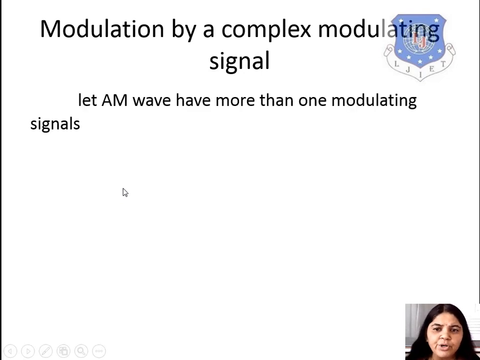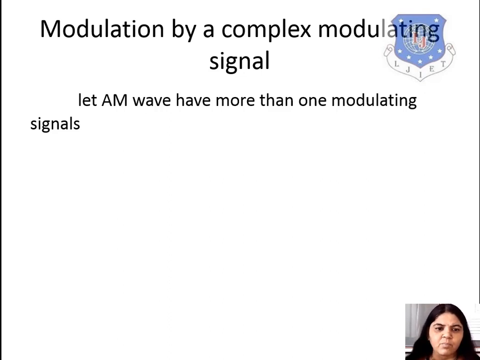Now the next thing: modulation by a complex modulating signal. If you want to transmit signals over the carrier, the modulating signal can be more than one. So more than one signal will travel onto the one carrier frequency. Here in this theory, we will take two signals.